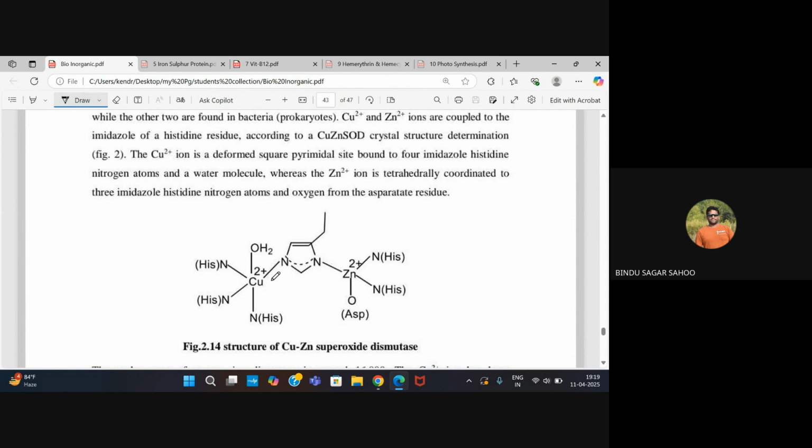There will be some distortion in the structure, forming a distorted square pyramidal structure. And here zinc forms a tetrahedral geometry because the coordination number is 4. So this is the complete geometry of copper zinc superoxide dismutase.